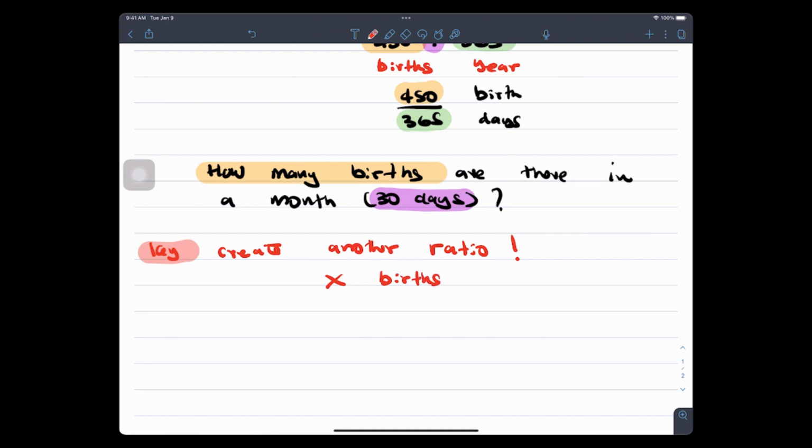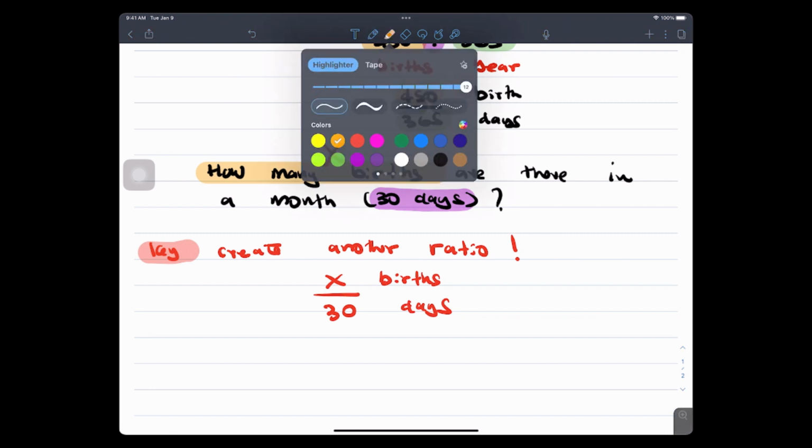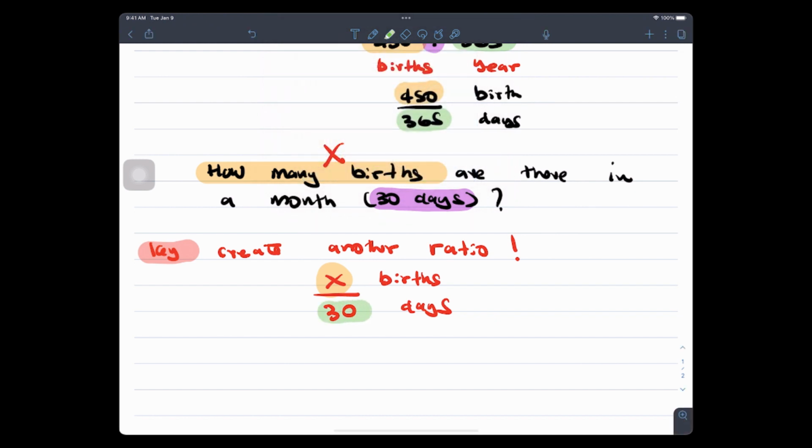Births to 30 what? Days. Because this is the question, and in algebra, the question is the letter. It's the variable. In algebra, they go, how many? Well, you don't know. Call it X. But they gave you 30 days. So you now have X to what? 30. Here's my X, and then here's my 30.